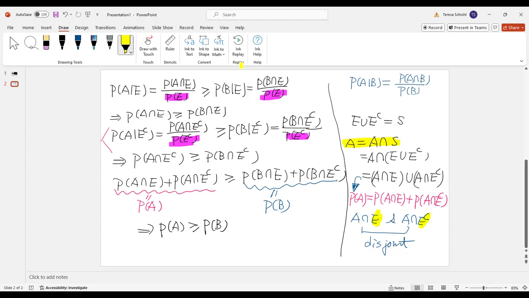After that we can break this down, and use the additivity property, because these two sets are disjoint. So PA is the probability of A intersect E plus the probability of A intersect E complement. It's a simple problem, but it includes several skills.